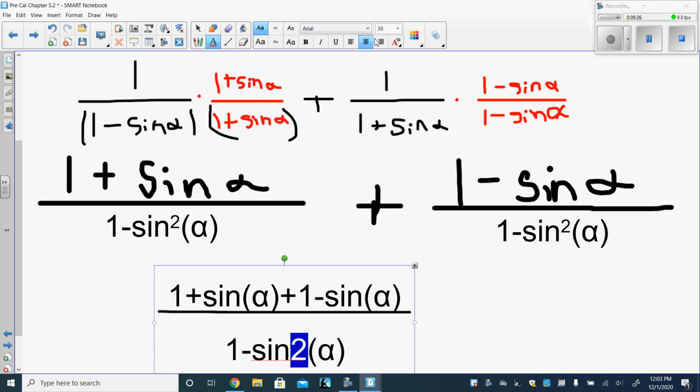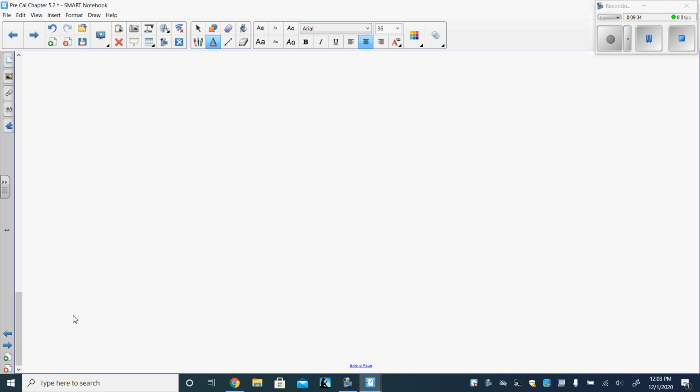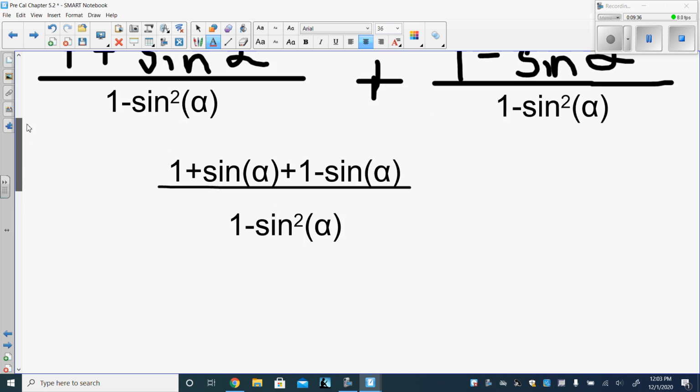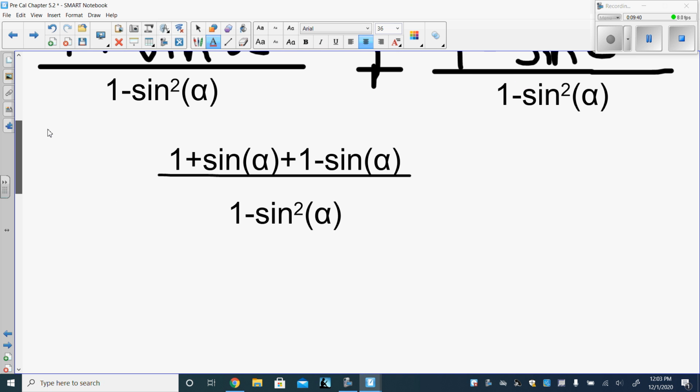So far all we've done is try to get the two equations into the same fraction. We're just adding the two fractions together. And to do that, we made the denominators the same and combined. Now we can still simplify a little bit further than this.